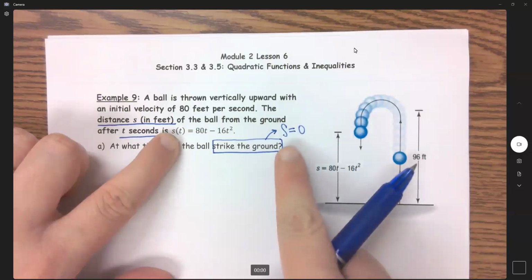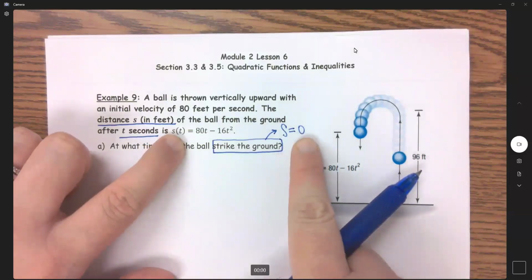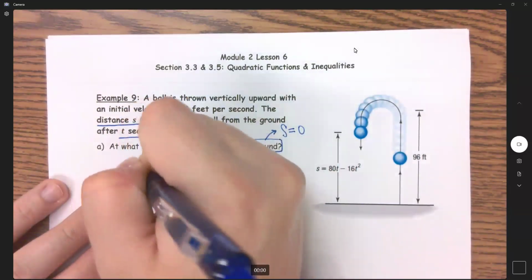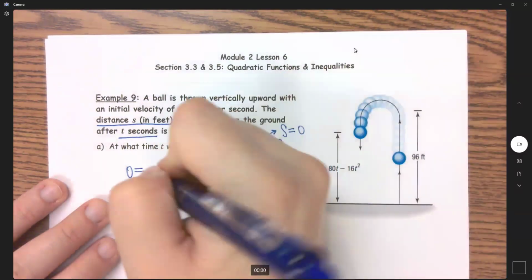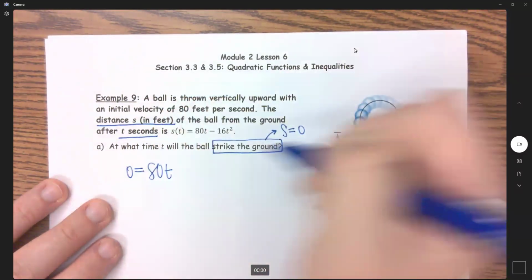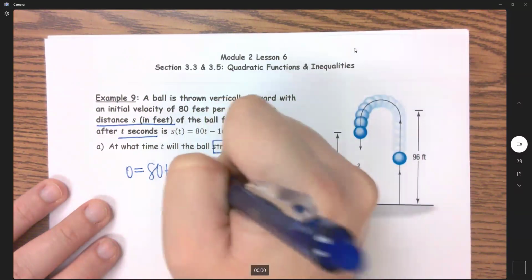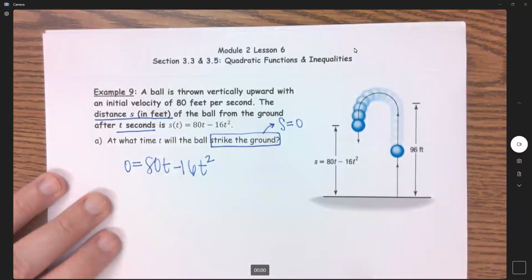So take your equation and substitute a 0 in for your s. We have 0 equals 80t minus 16t squared.